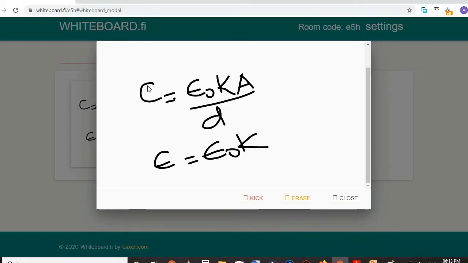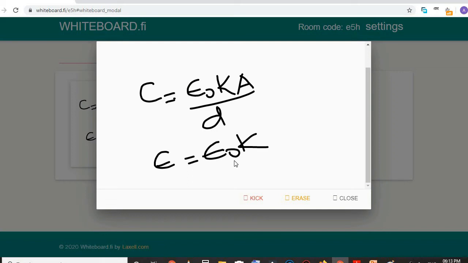Again, instead of epsilon 0 K, we can write epsilon. You know what is epsilon 0? That is permittivity of free space. But now we are discussing the effect of a dielectric medium. That means in between the parallel plates, now there is no free space. There is no vacant space. There is a dielectric medium.